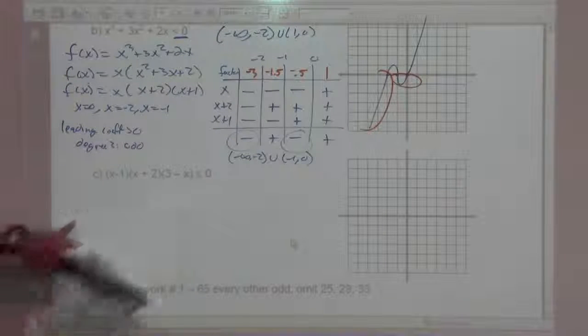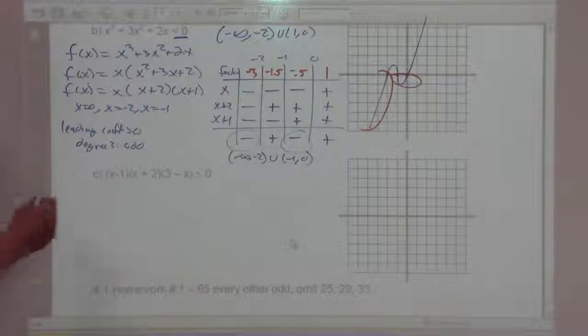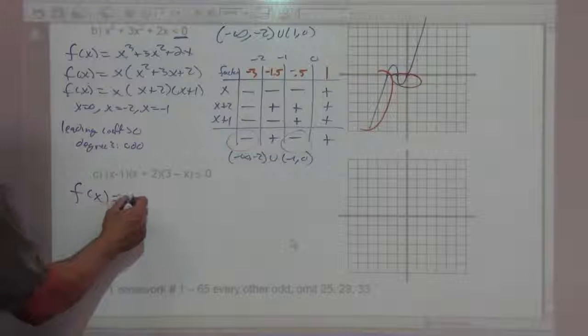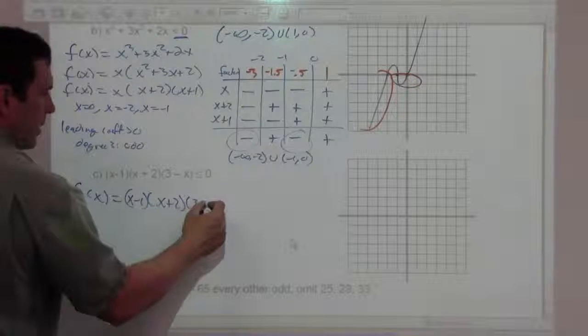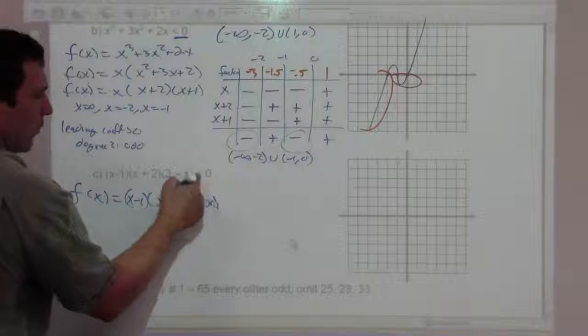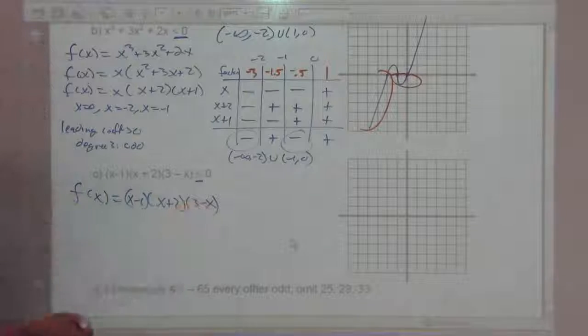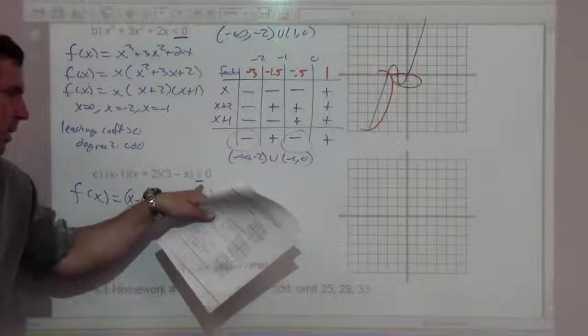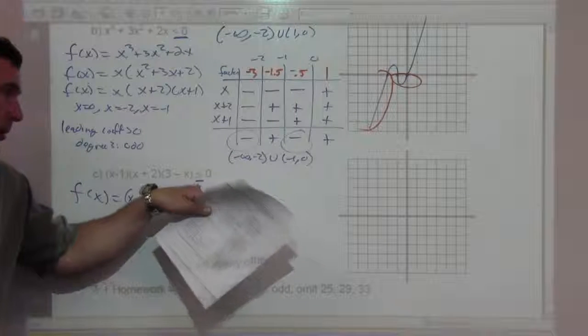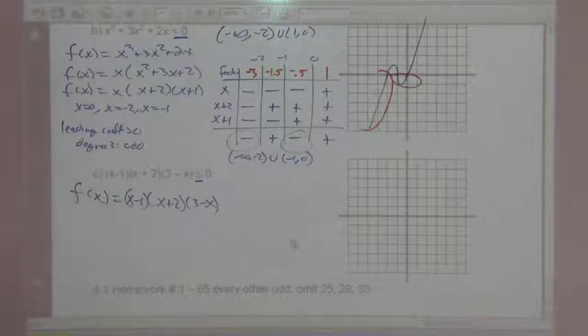Now luckily our last one's already factored out for us. So we could say f of x equals x minus 1 times x plus 2 times 3 minus x. In this case we're looking for it being less than or equal to 0. So when we have those constants, not infinity or negative infinity, we'll have closed off, squared off brackets there.